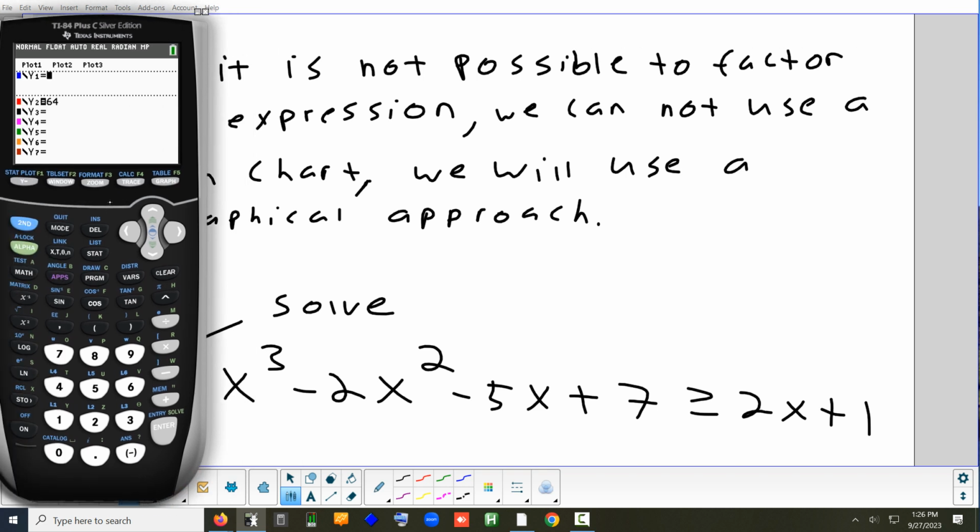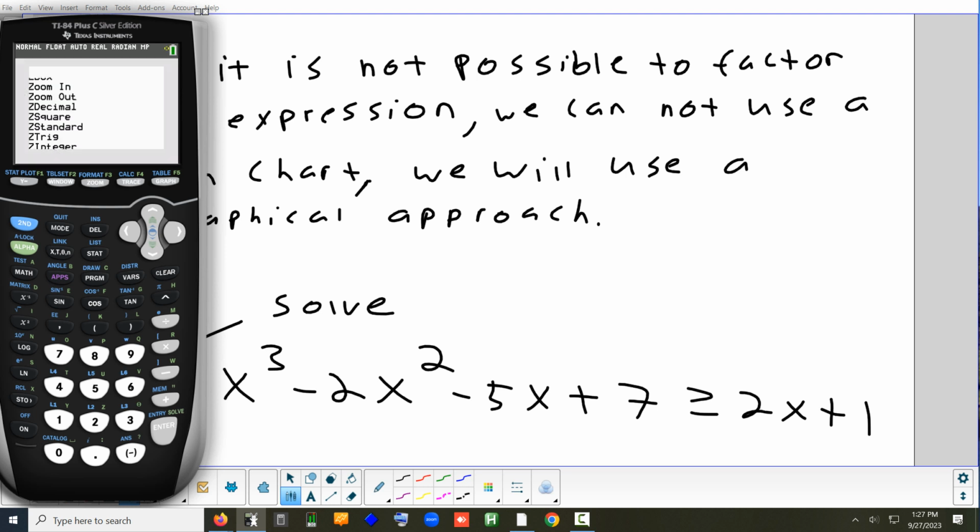We've got x cubed minus 2x squared minus 5x plus 7. We'll call that the blue graph, in y1, or whatever color you use. Then 2x plus 1 is going to be the red graph. The question is, where is the cubic above the linear function? The cubic is on the left, the linear is on the right. The cubic is the thing that curves, and the linear one is the straight line.